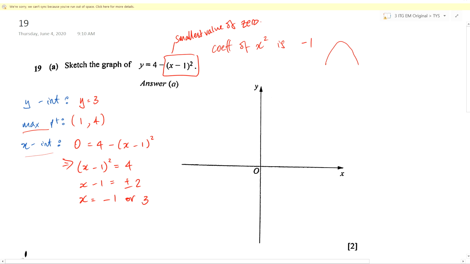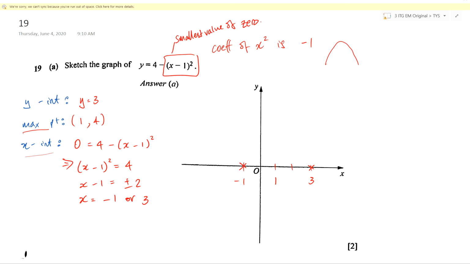Now we have to indicate on our x and y axis. Got -1 over here, try to draw it to scale. If this is -1, this should be 1, this should be 2, and this should be 3. Got intersection points over here. Next, we've got our maximum point, x equals 1. The maximum point lies directly between -1 and 3.